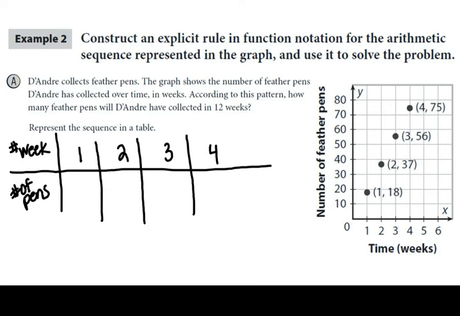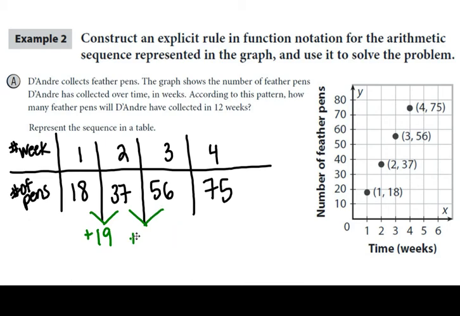And the number of pens is 18, 37, 56, and 75. Now to get from 18 to 37, we're going to add 19. And to get from 37 to 56, we add 19. And to get from 56 to 75, we add 19. That tells us that our common difference is 19.